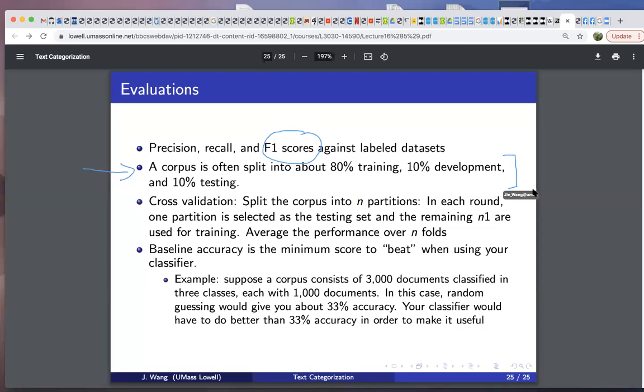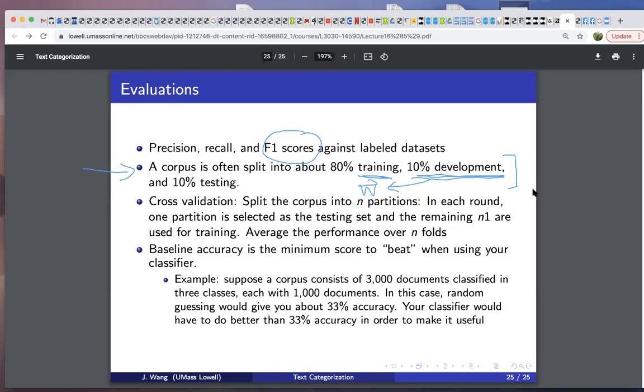I'm going to split my labeled data into three parts. The larger part is for training. Training means you figure out the parameters; for SVM, this is to figure out this W. So we are using 80% of the data to train this W. Then we use 10% for development, which means we use it to fine tune this. And finally, we use 10% to do testing.